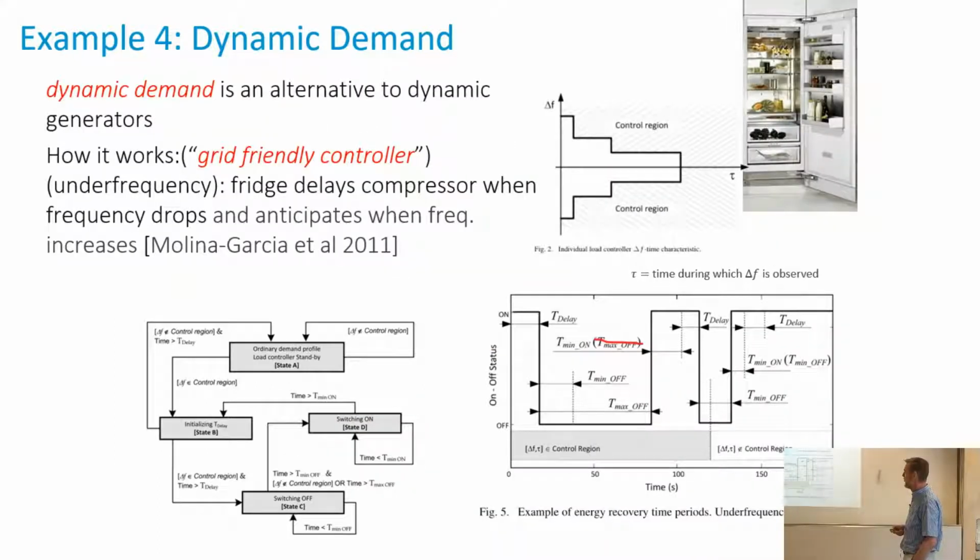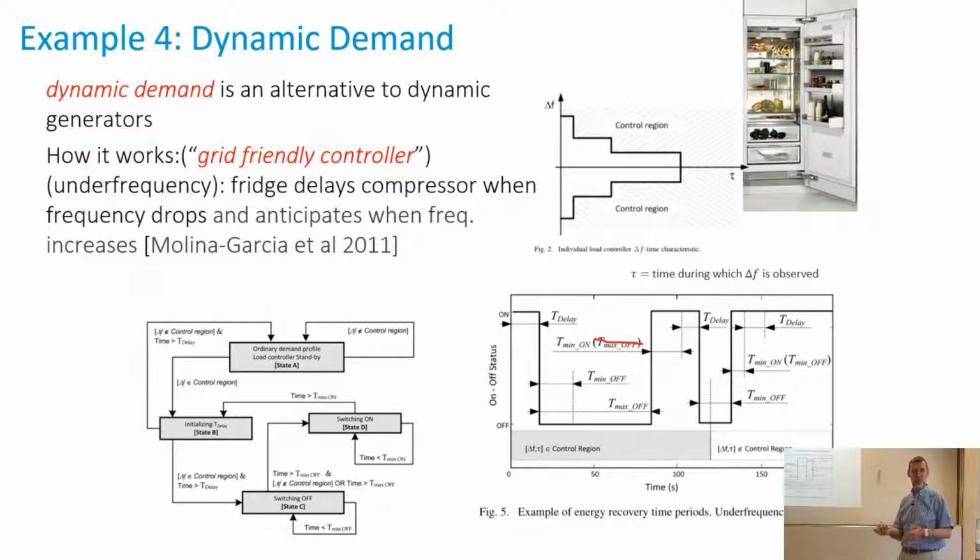So what some people have proposed is to use the fridges to solve at least one of the problems automatically. That's an example of what is called dynamic demand, which is the dual of primary frequency support that is provided by generators.